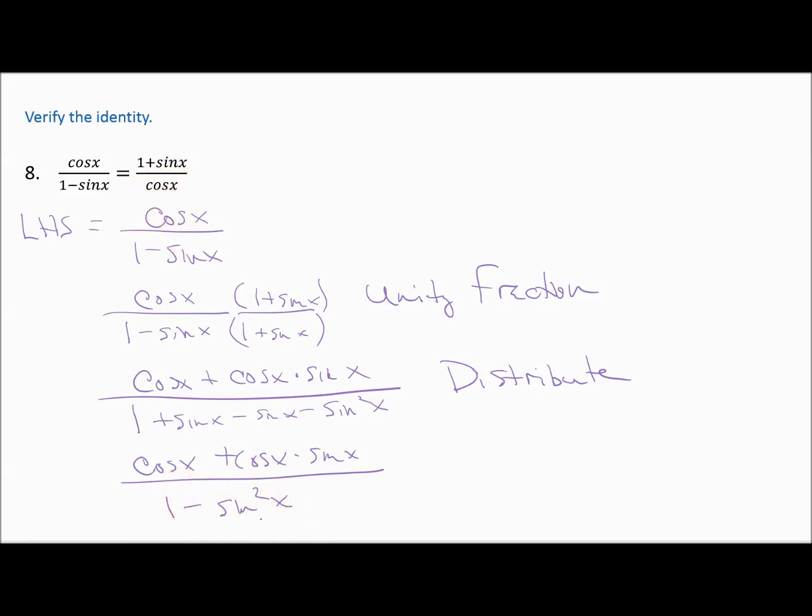Let's change that to cosine squared of x. So in the numerator, I still have cosine of x plus cosine of x times sine of x. In the denominator, I have cosine squared of x. And again, Pythagorean is where we're going with that. Now that is not what I've got here, but it sure is close.